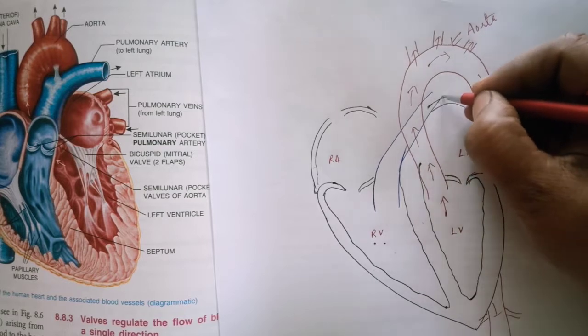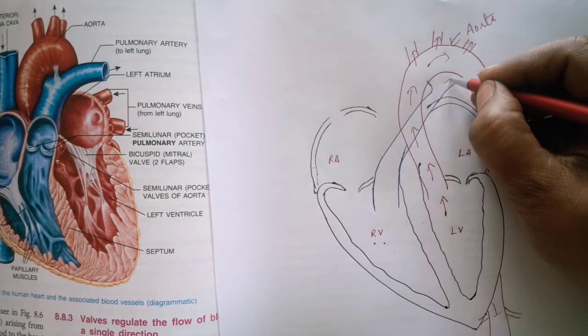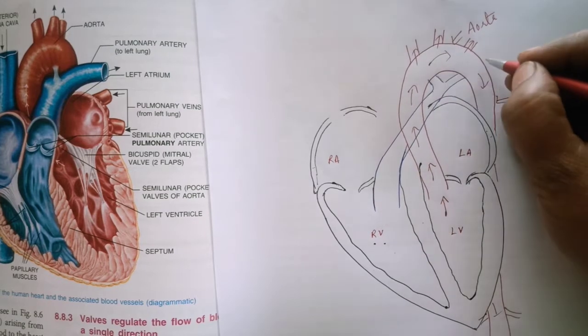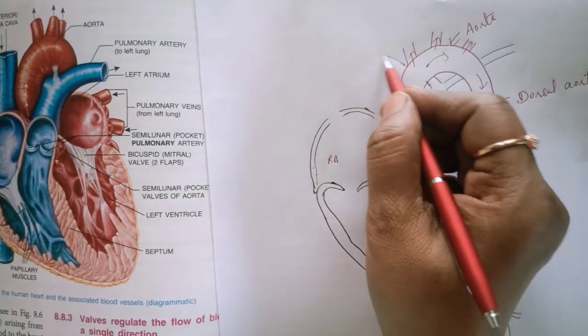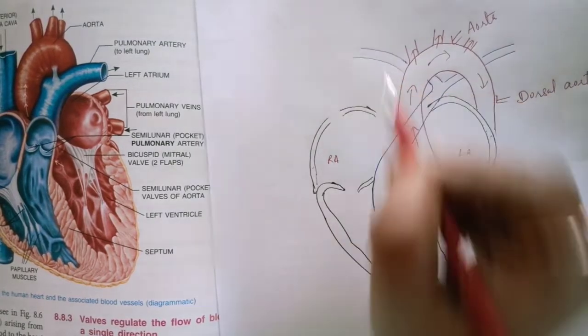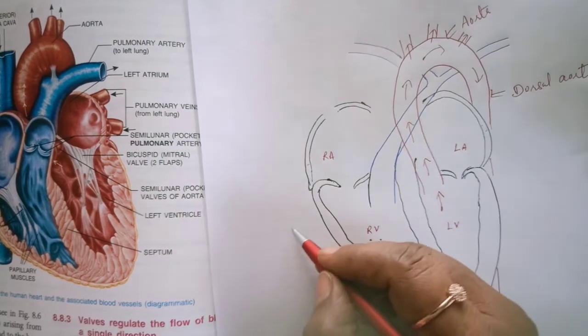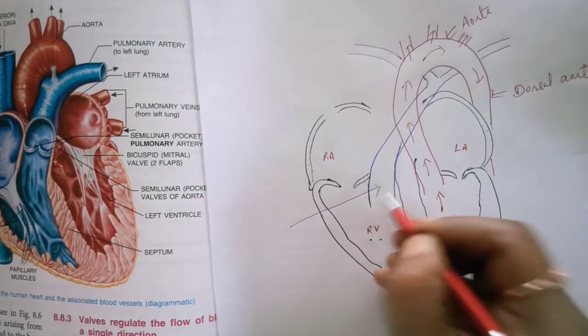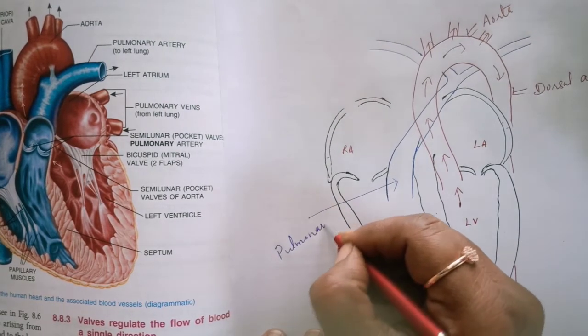After coming out, it bifurcates into two parts like this. As you can see here, it bifurcates into two parts, one moving towards the left side, the other part moving towards the right side like this. Okay, this figure which I have shown in blue, this is another large vessel, and this is known as the pulmonary artery.